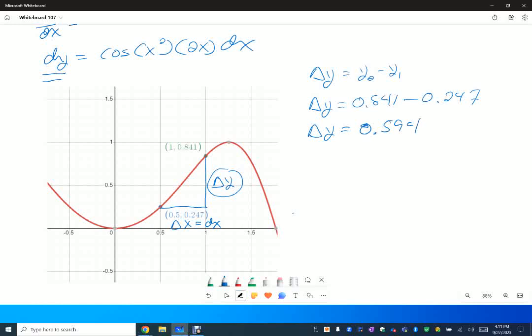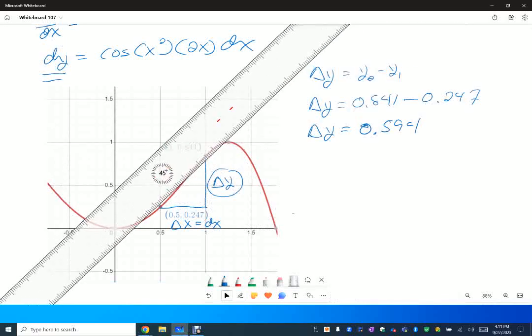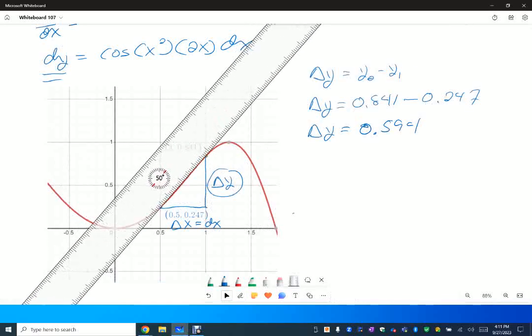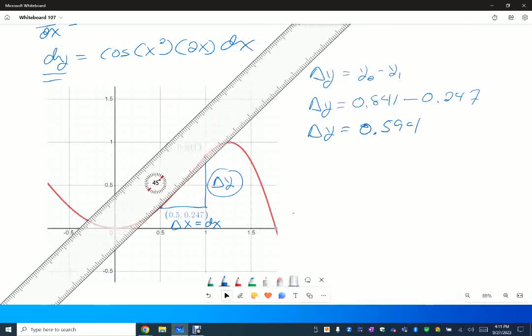Now, what should dy represent? Let me draw this here. And what I'm really interested in should be close, but not necessarily the same.